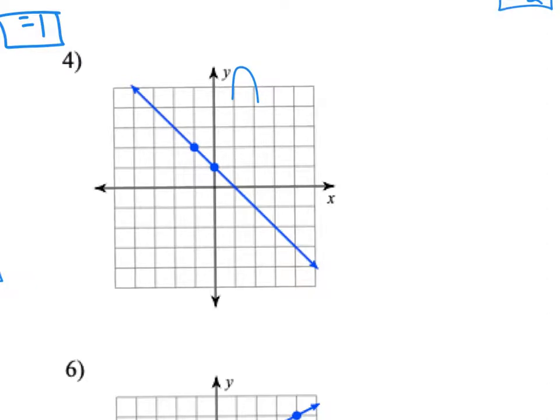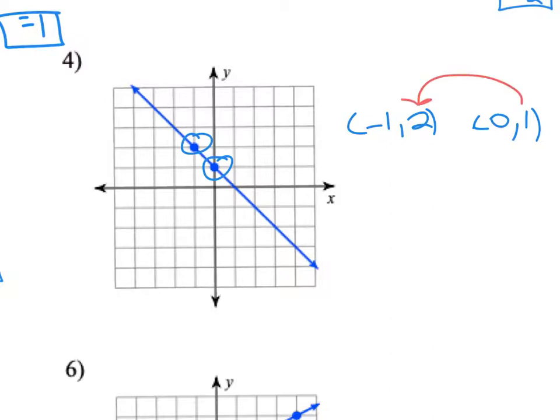Okay, so my first point that I've been given is -1, 2. My second point I've been given is 0, 1. Now remember that to find my slope, I'm going to subtract my y's, so 1 minus 2 to find my change in y. And then for my change in x, I'm going to subtract my x's, so that would be 0 minus -1.